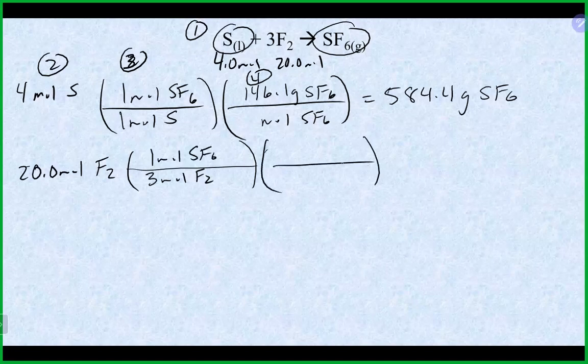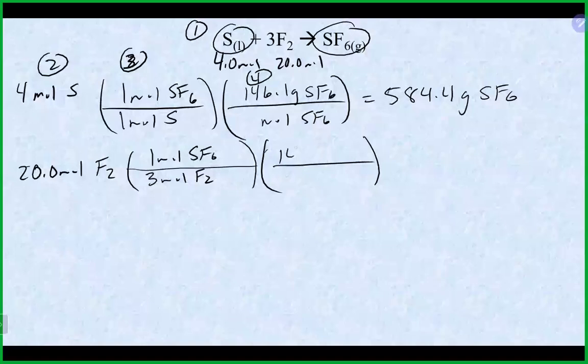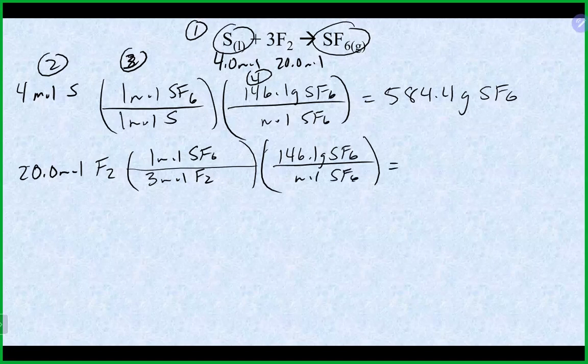And then do our 146.1 grams of SF6 per mole of SF6 here. Again, these are going to cancel, these are going to cancel. That's going to give us 20 times 146.1 divided by 3, which gets us 974 grams of SF6. So again, this is step number 2, step number 3, and step number 4.